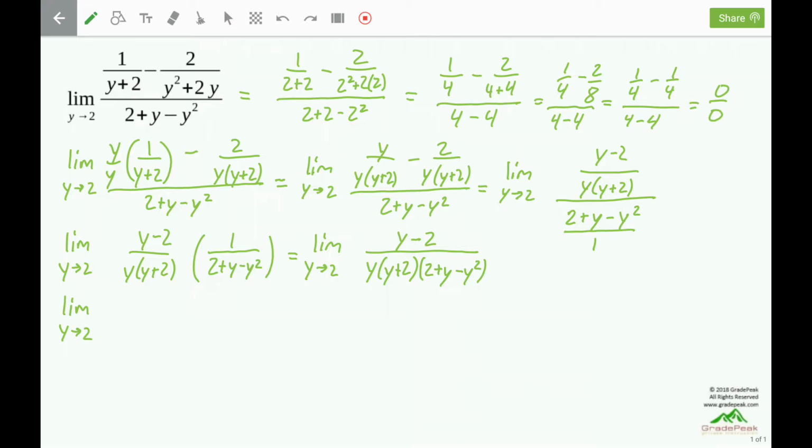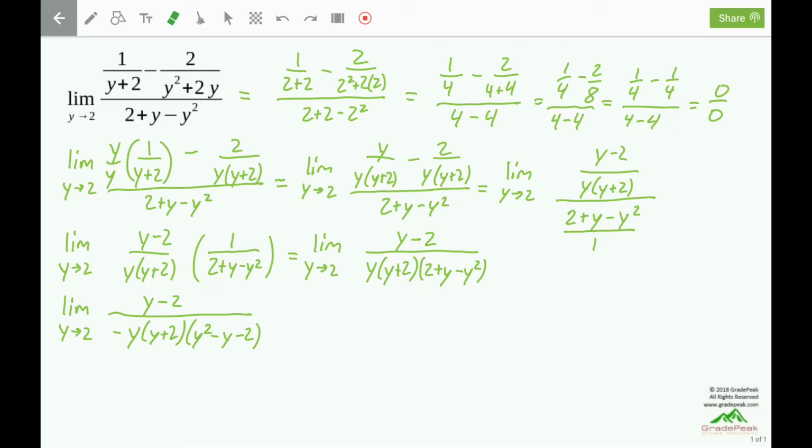So we'll have limit as y goes to 2, in the numerator y minus 2, over, let's factor a negative out, y times y plus 2. And if we factor a negative out of this quadratic, we change all of the signs: the y squared becomes positive, the y becomes negative, and the 2 becomes negative.